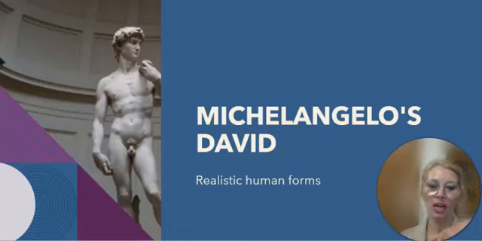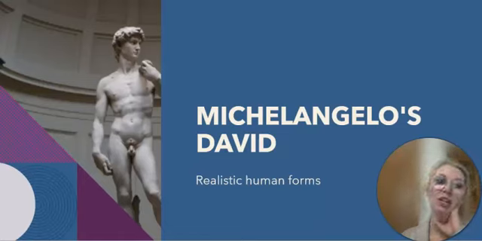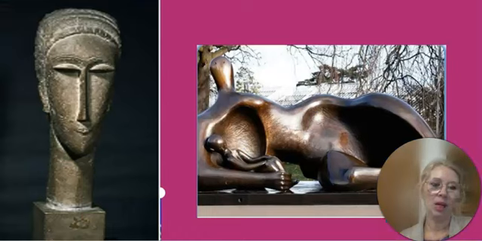But the world changed in the late 19th century and early 20th century, and artists wanted to express more than just appearances. Look at these. They experimented with abstract shapes and simplified forms and deeper emotions.